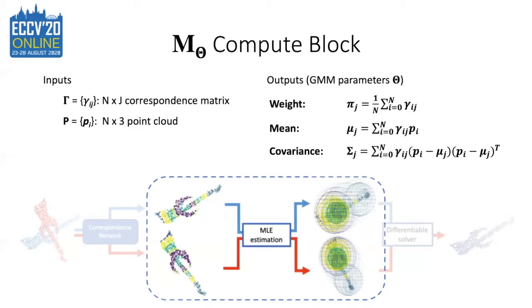In fact, the correspondence network and M_theta compute block form a single step of the expectation maximization algorithm, commonly used for fitting GMMs. Please see our paper for more details on the connection between DeepGMR and classical GMM-based registration.